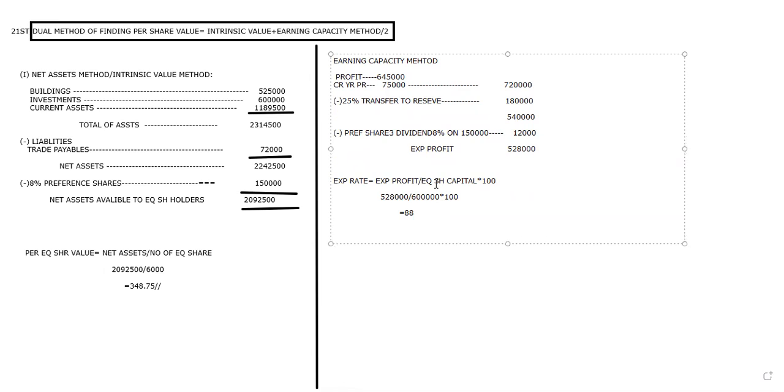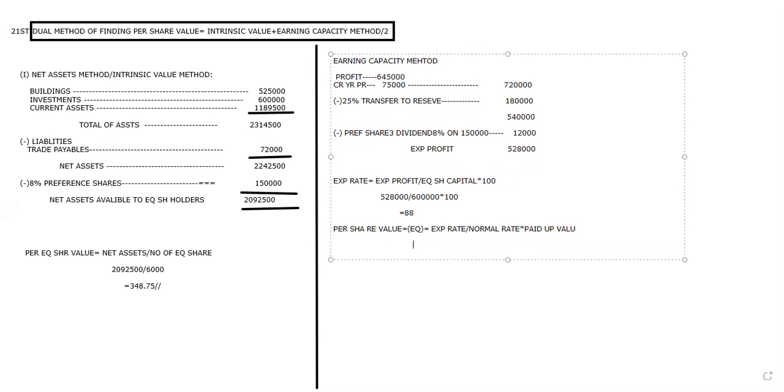Now therefore per equity share value is equal to expected rate divided by normal rate into paid up value.